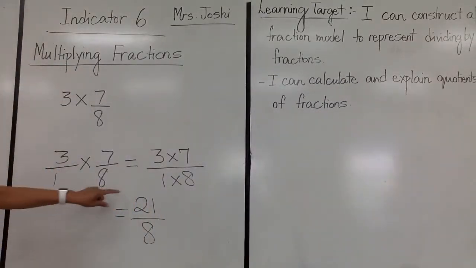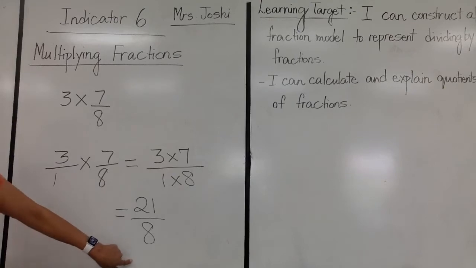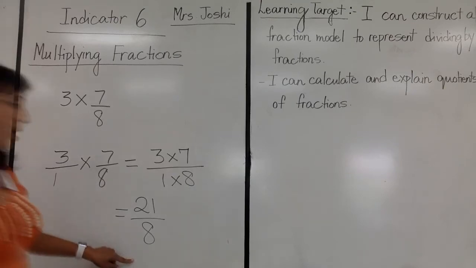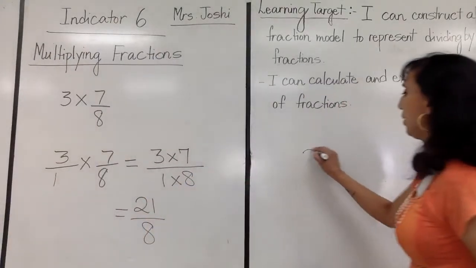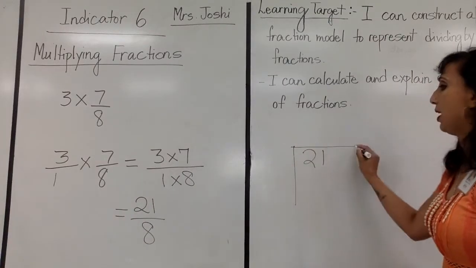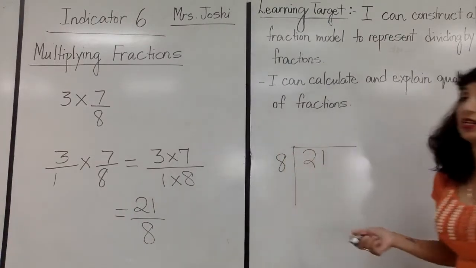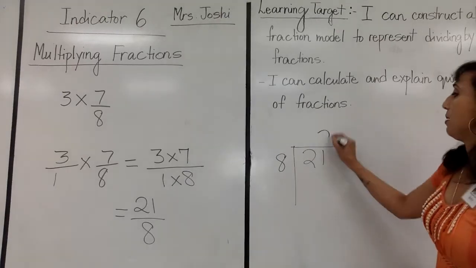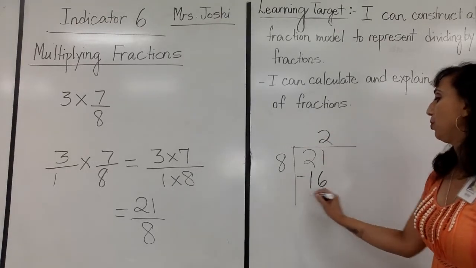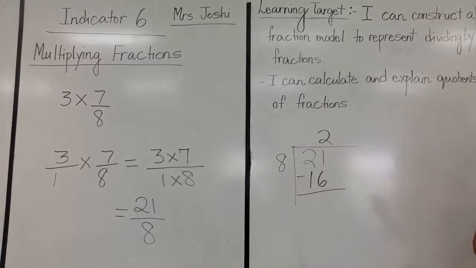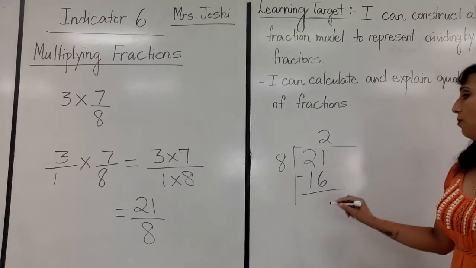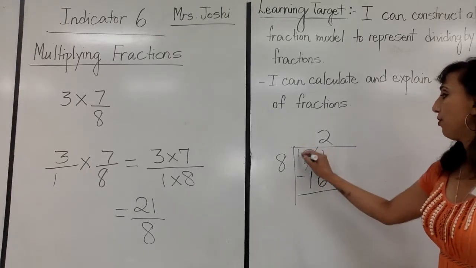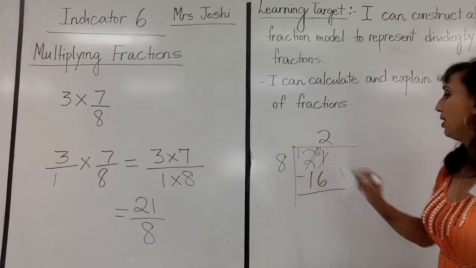So then 21/8, and if I'm converting this to a mixed number, I do 21 divided by 8, and that is fine if you make it into a mixed number. And 2 times 8 is 16. 3 wouldn't have worked because 8 times 3 is 24. And then I cannot take away 6 from 1, so I'm going to borrow from here, and this is going to become 11.